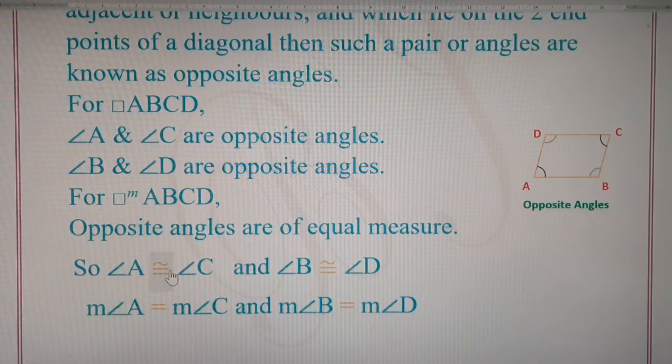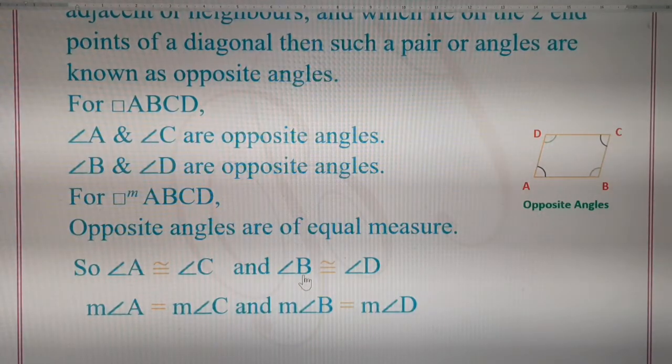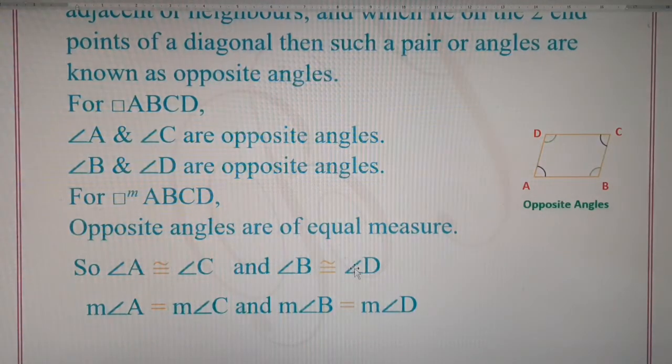That means if angle A is congruent to angle C, that means their measures will be equal. That means if angle A is congruent to angle C, we can say measure angle A is equal to measure angle C. Similarly, for a parallelogram ABCD, angle B is congruent to angle D because they are opposite angles.